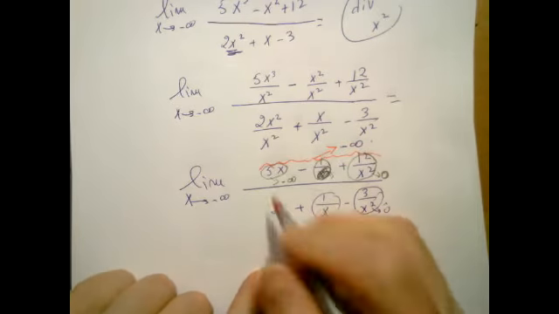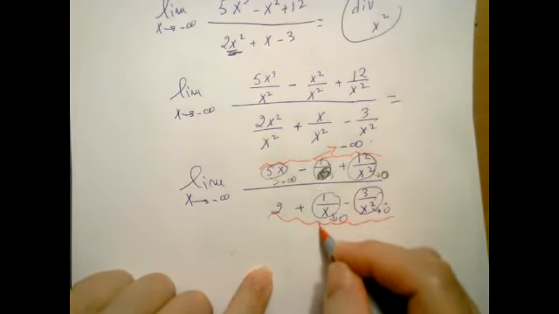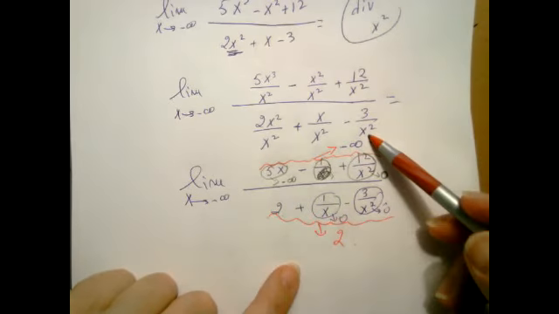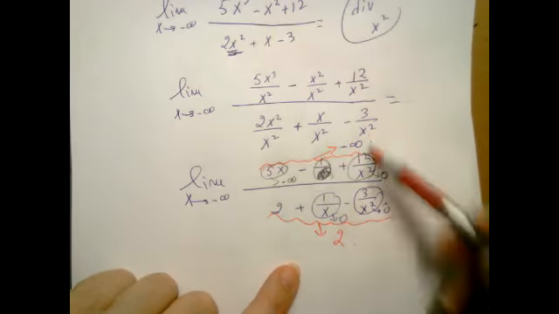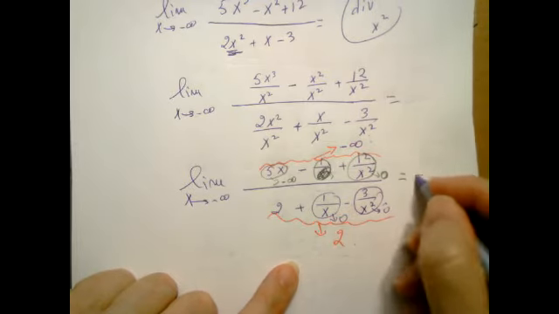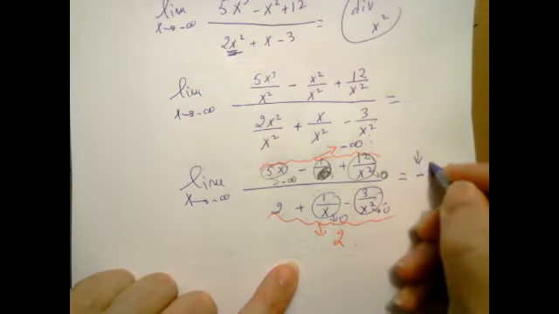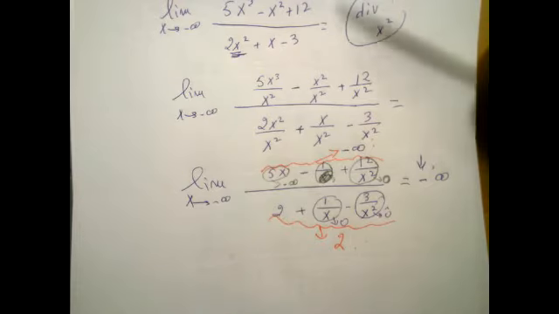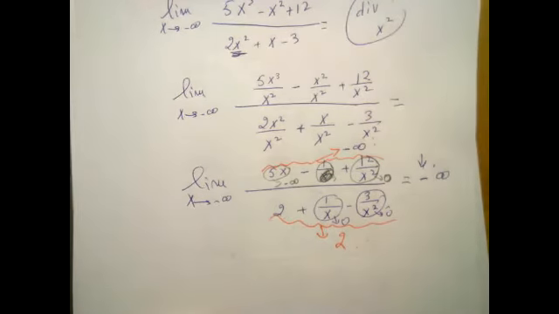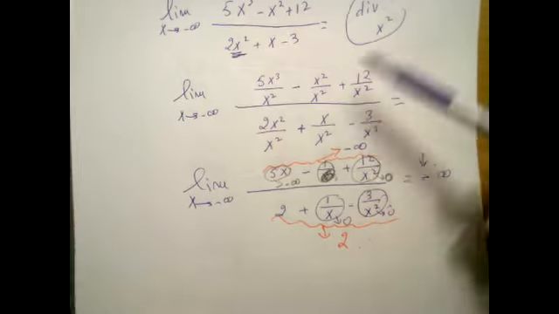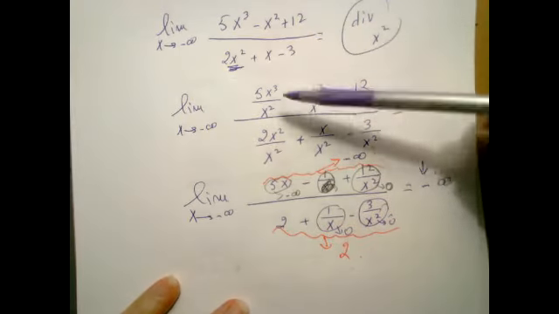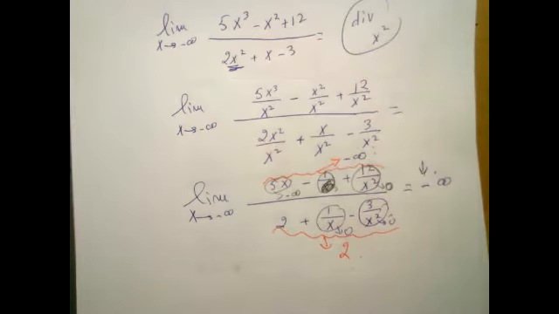So my whole denominator is going to become close to 2. So I have minus infinity, very large negative, divided by 2. This is going to be very large negative. Okay, so sorry about the confusion. I told you to divide by x squared, I divided by x cubed, which made the problem harder to analyze. The problem is basically very simple. So we divide by x squared, and we get exactly minus infinity.